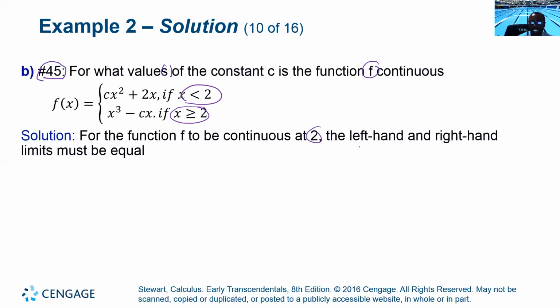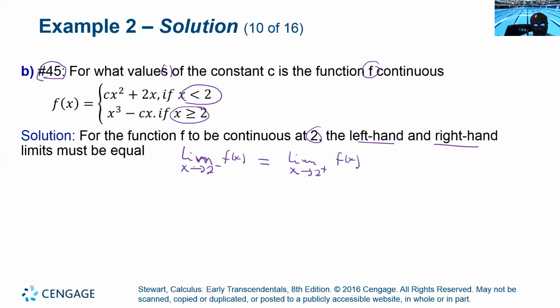And what do we mean? It means that the left hand and the right hand limits are equal. So that will help us to find c. It means that we need to find the limit as x approaches 2 from the left of the function; it must equal the limit as x approaches 2 from the right of the same function f of x.